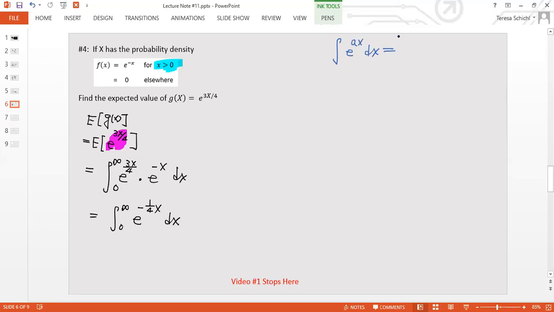We need to be very good at those very basic formulas, right? So this will be 1 over a e to the ax plus c, right? If you have any constant, then you need to divide by this constant here. Okay, so for here, the constant is negative 1/4, right?